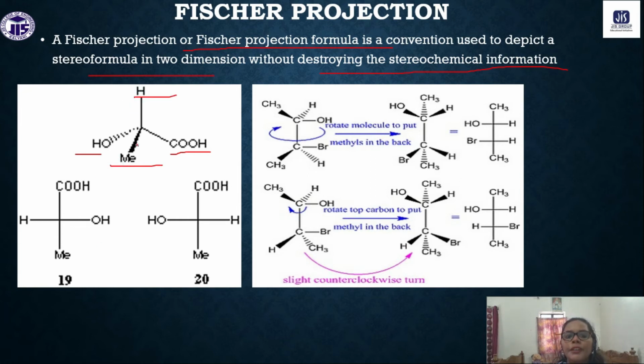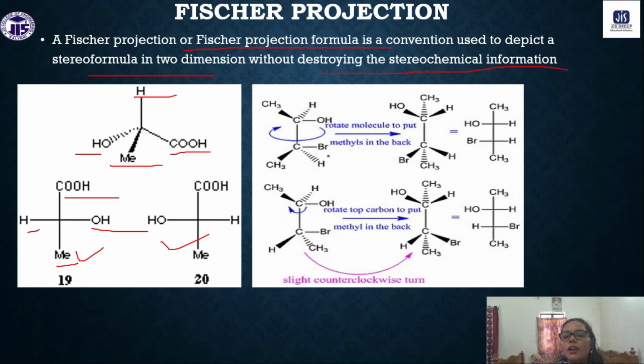Here we write the COOH group and methyl group, and here the OH and H group. This type of projection is called the Fischer projection.